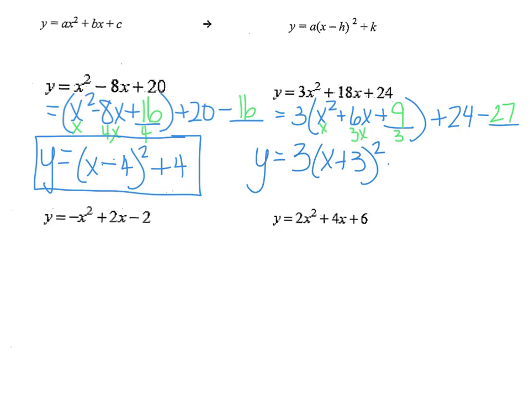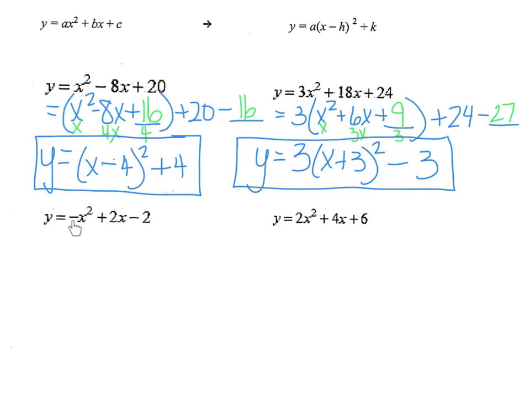Collect like terms, minus 3. Here's vertex form. And if they ask where the vertex is, -3, -3. Opposite, same.